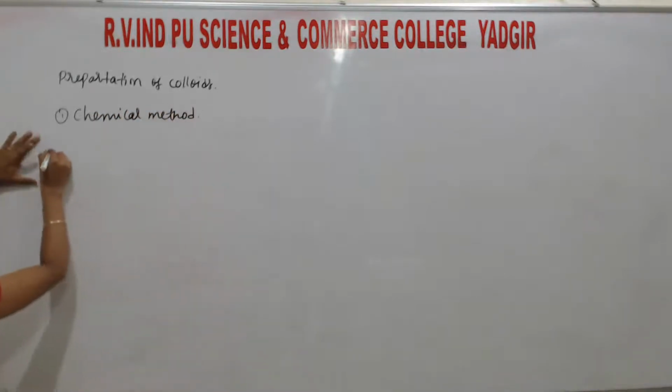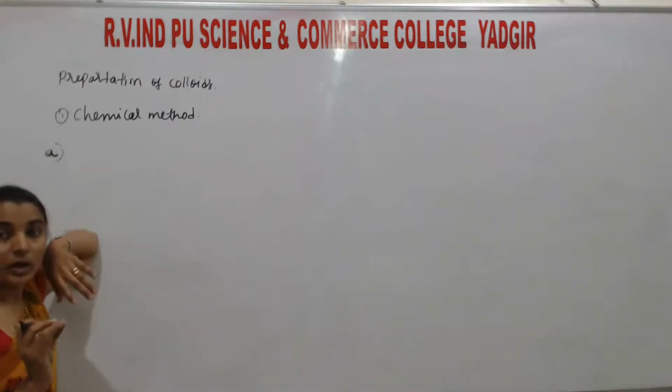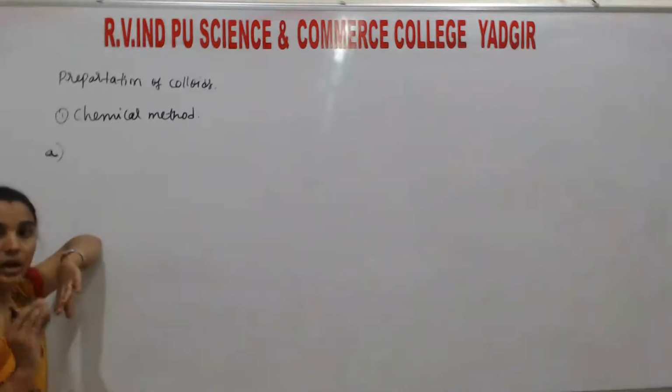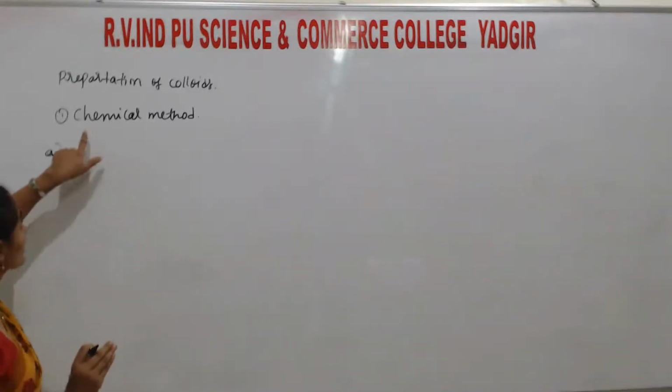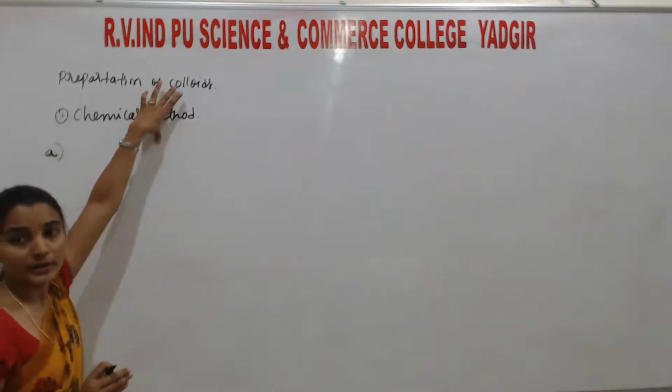So students, in the chemical method only three reactions are there to form a gold sol or any sol: double displacement, oxidation and reduction. These methods are used in the chemical preparation of colloids.